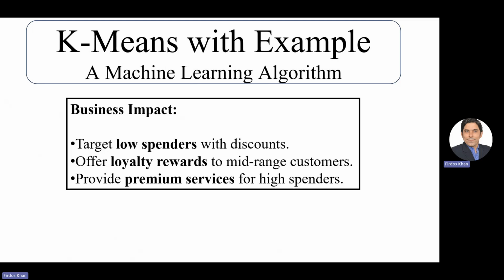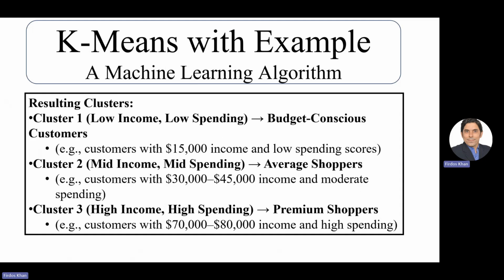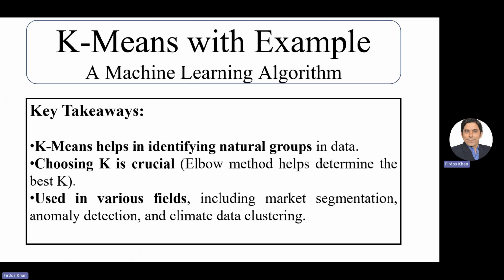So what are the key takeaways from this lecture? K-means helps in identifying natural groups in the data, like what we have done. You can look back at the slide: these are natural groups.